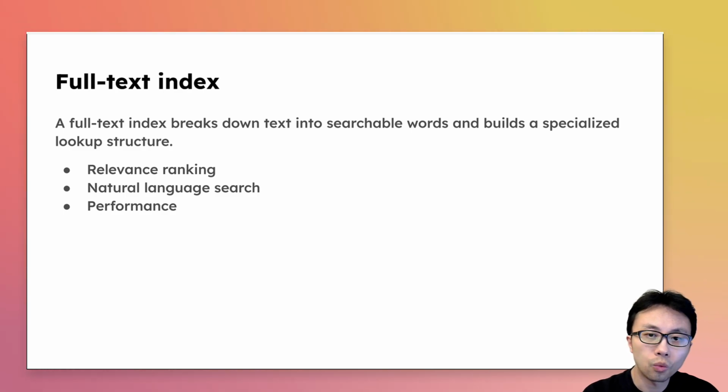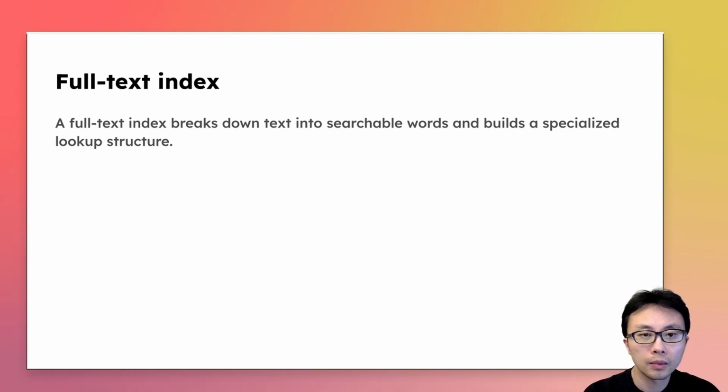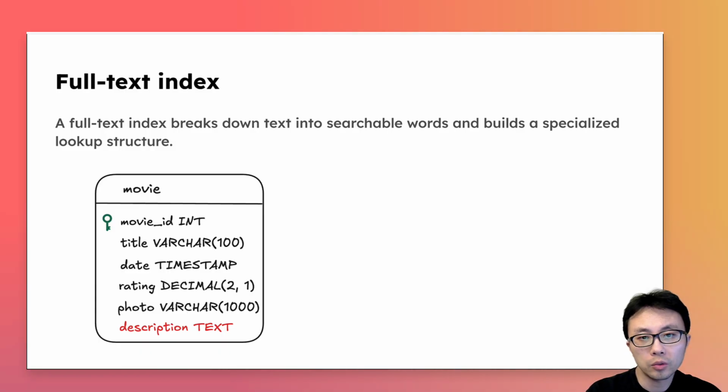Now let's use an example to make further sense of when and how to use the full-text index and what that may lead to. Think about the movie table again, but this time it comes with a small modification, which is an extra column named description. This column stores the descriptive information of each movie, so it's all text of course, and each row would probably be very long for this target column.